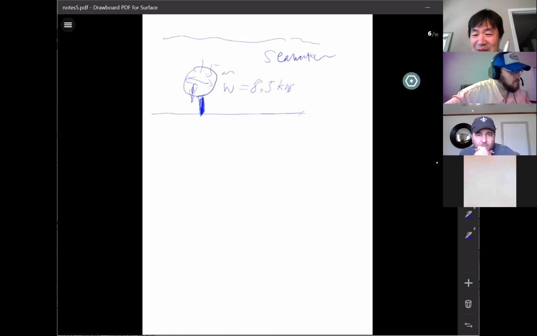So that's a design project for you. You are the engineer. I know this thing weighs 8.5 kilonewton on land. Now I need to put it under the Pacific. So what should I design? Should there be a cable down there, or should I put a solid support down there?